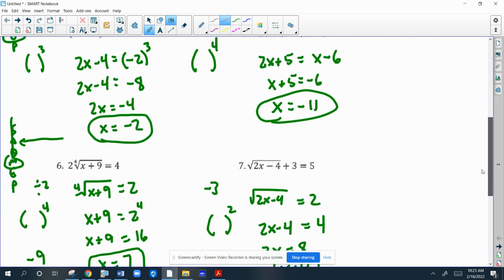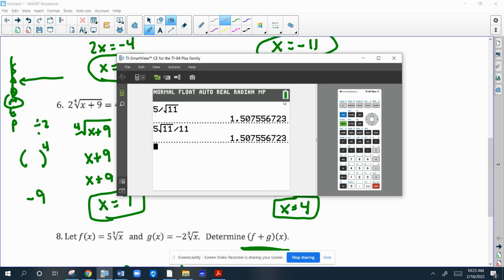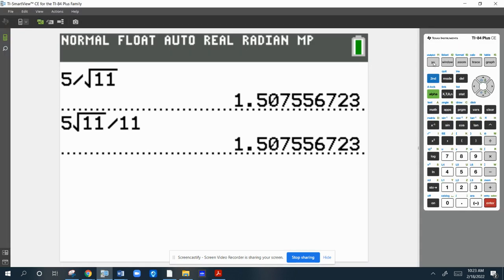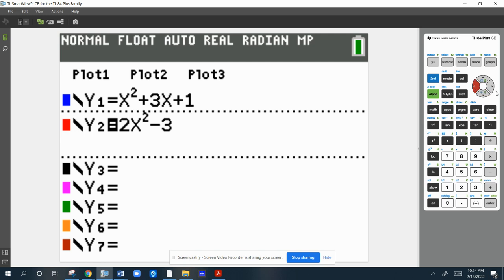The equations, you're just going to graph and then look for the zeros. So I'm just going to do number 7. I have some stuff already typed in there that I want to keep, so I'm going to turn those off for now.